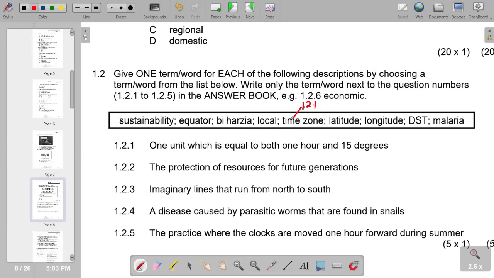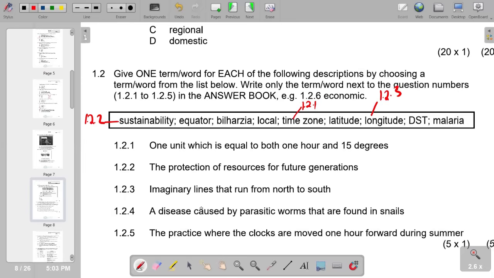Then protection of resources for future generations is sustainability. So 1.2.2. Then imaginary lines that run from north to south. We call them longitudes, which we have 1.2.3.